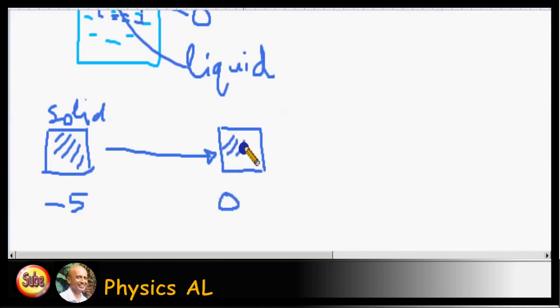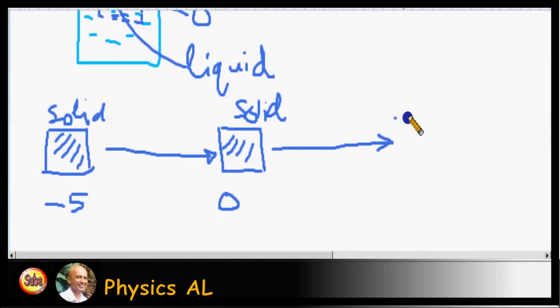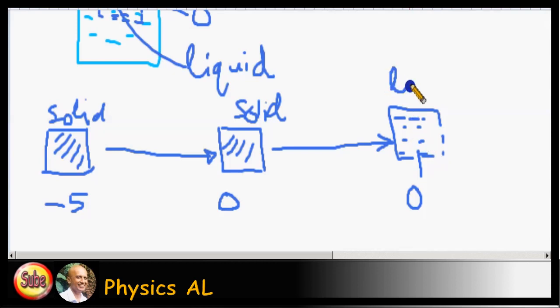Still this one is solid, that means ice. Then it converts to liquid state, water at 0 centigrade.